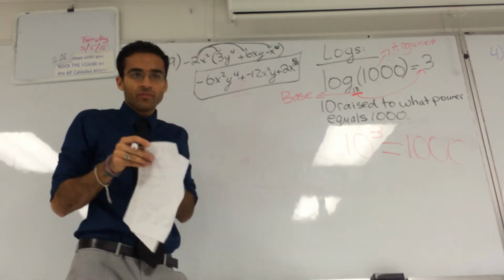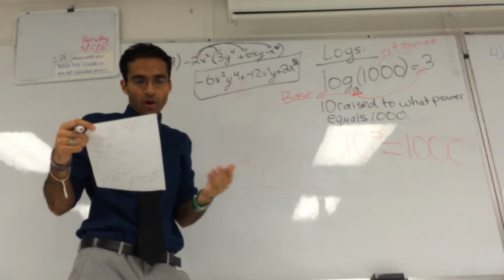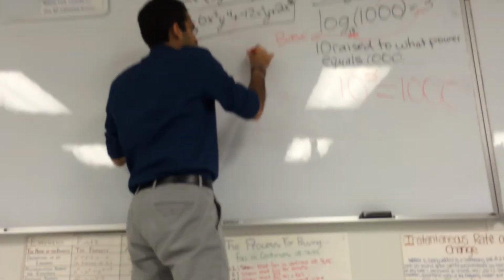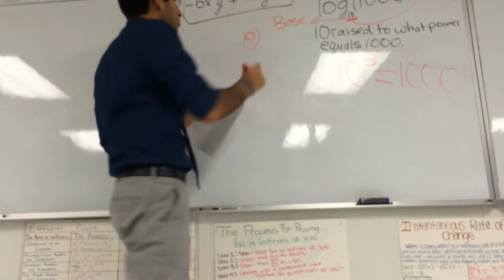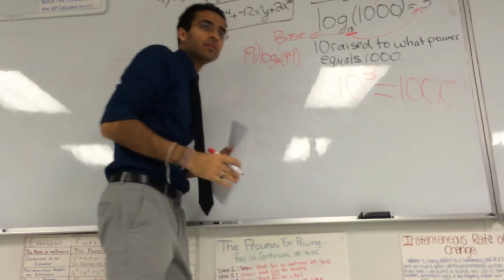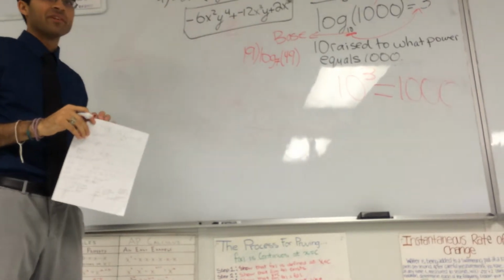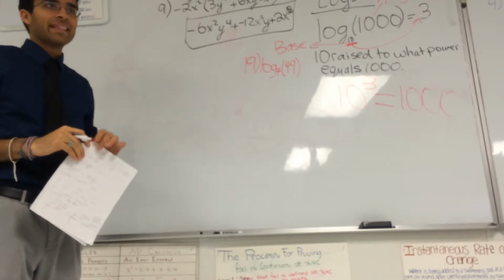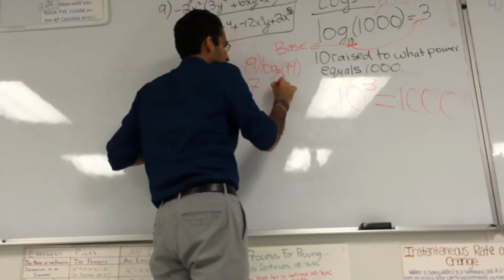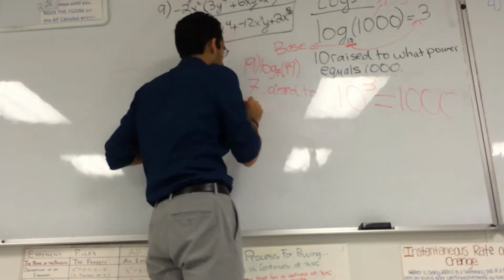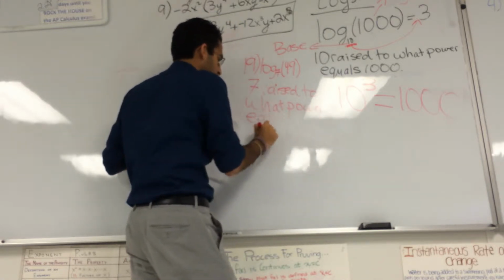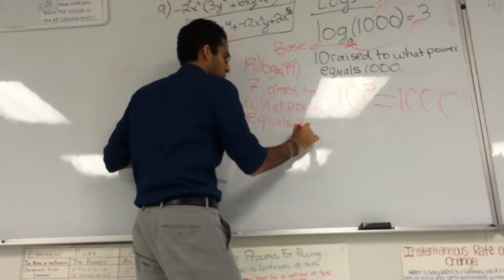So, by way of example, if we're doing problem 19 on the homework, which says log base 7 of 49, what this is asking us is, in words, we already know the answer, probably a lot of folks: 7 raised to what power equals 49?